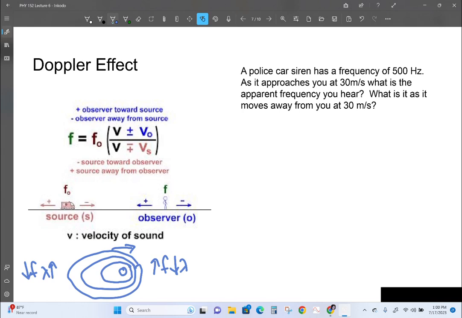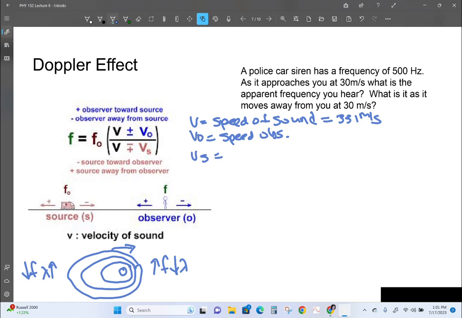And that frequency can be calculated using F equals whatever the frequency of the sound source is times the speed of sound, V, which is going to be 331 unless otherwise said. And VO is the speed of the person listening, the observer.